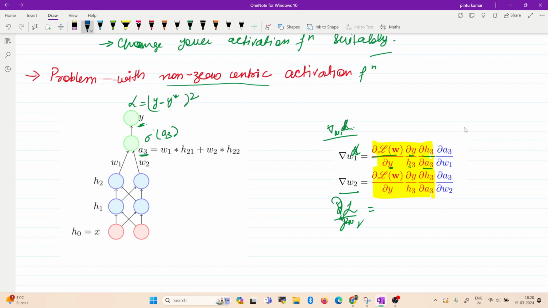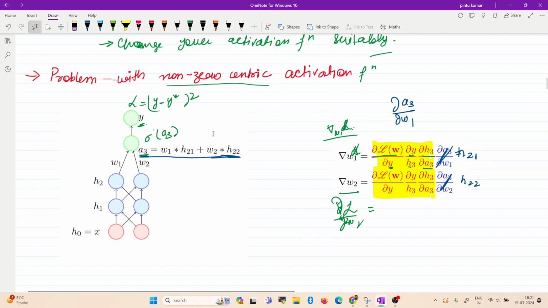What is del A3 by del W1? A3 is W1 H21 plus W2 H22. So del A3 by del W1 is nothing but H21. Similarly, del A3 by del W2 is nothing but H22.